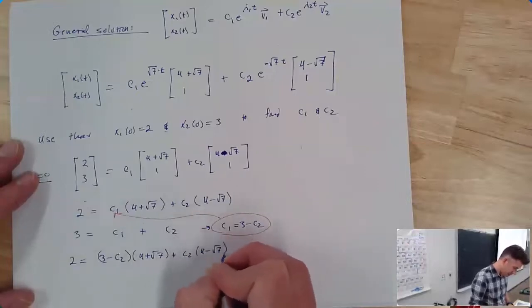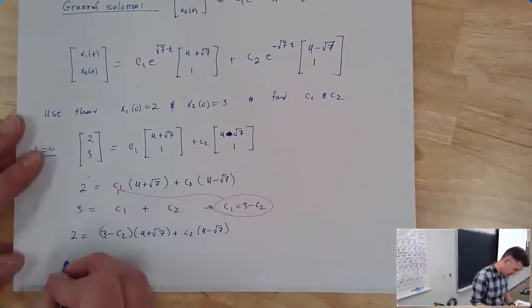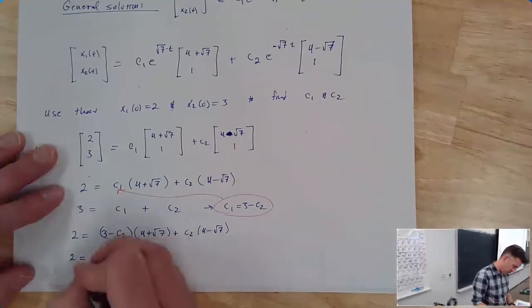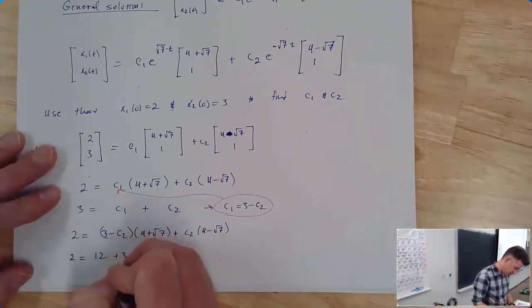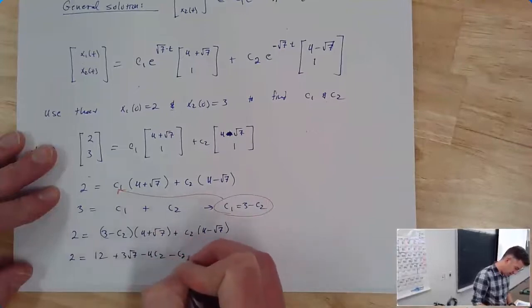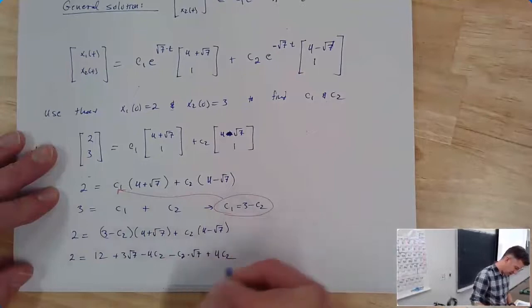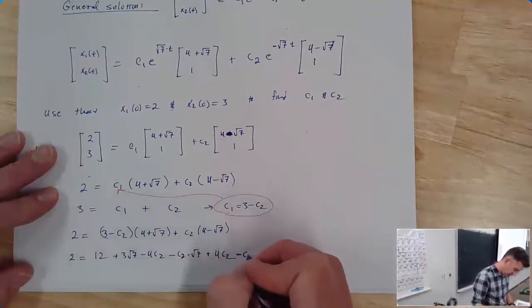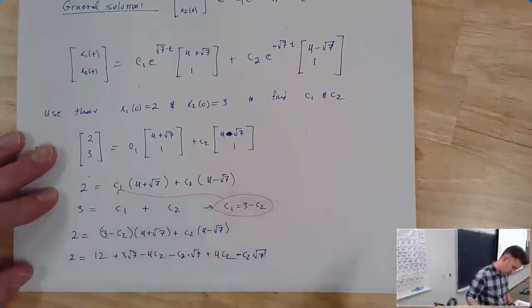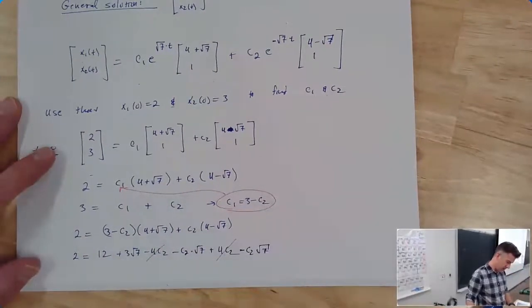And now it's really just some arithmetic. Multiplying things out, we've got 3 times 4 is 12, 3 times root 7, minus 4c2, minus c2 times root 7, plus 4c2. That's a blessing at least. Those are going to cancel. The minus 4c2 plus 4c2 cancels out, adds to 0.